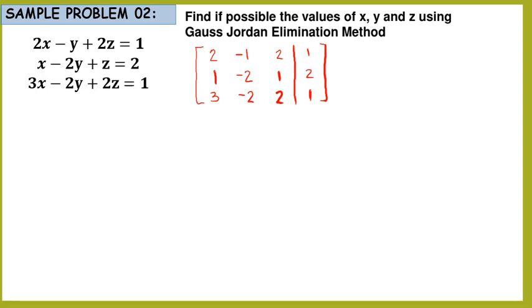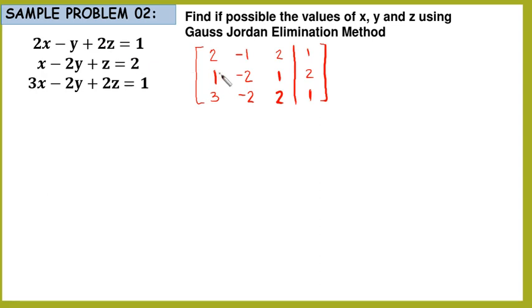So, we're going to make this diagonal equal to 1 and the lower elements of our diagonal equal to 0, those three, and the upper ones also equal to 0. So, we're going to reduce this matrix into row echelon form. And whatever values we can solve here will be our values of x, y, and z.